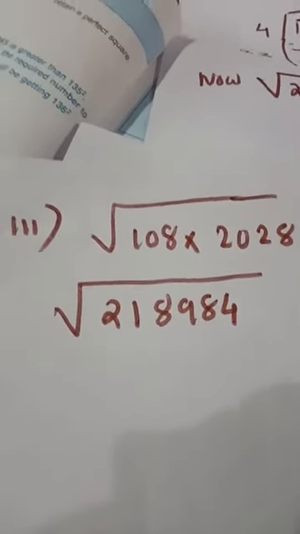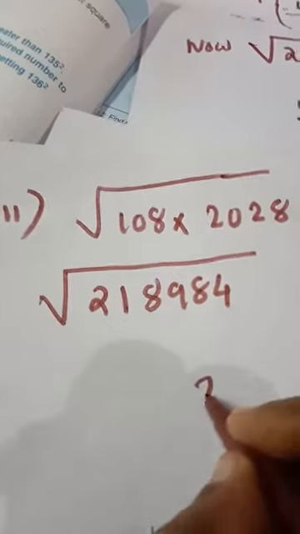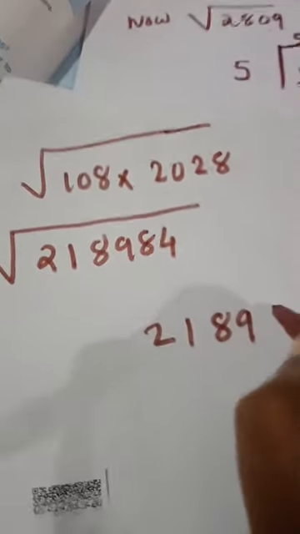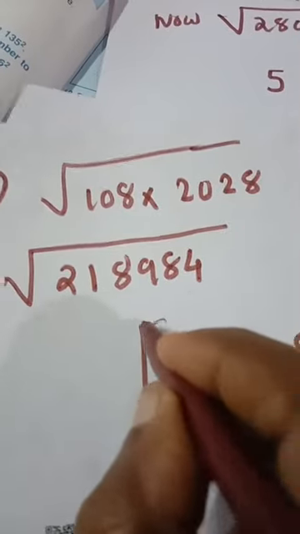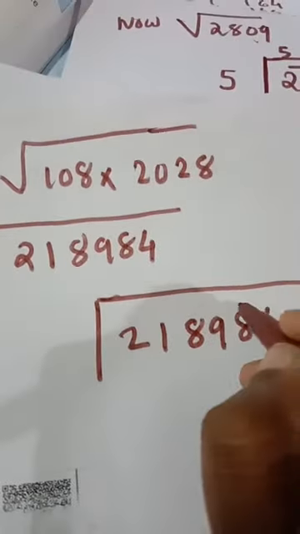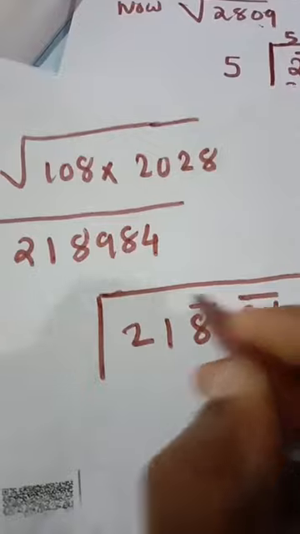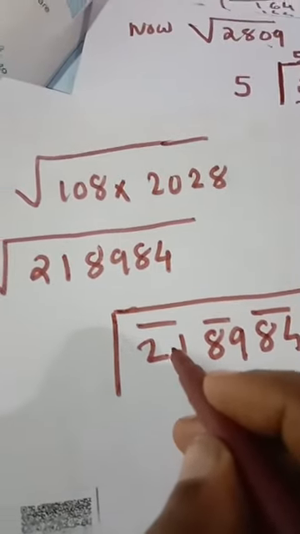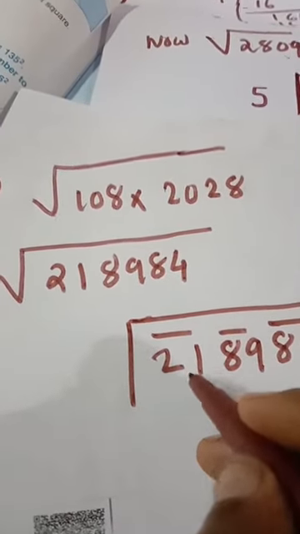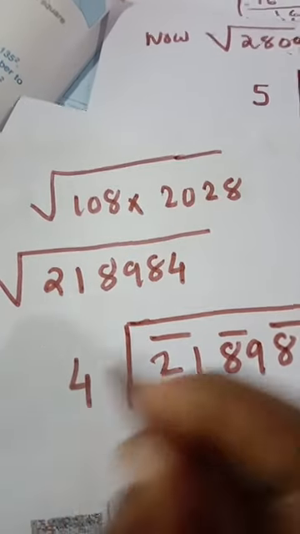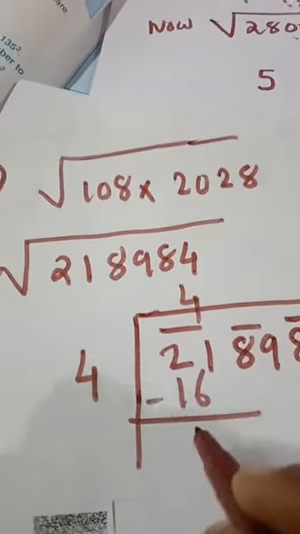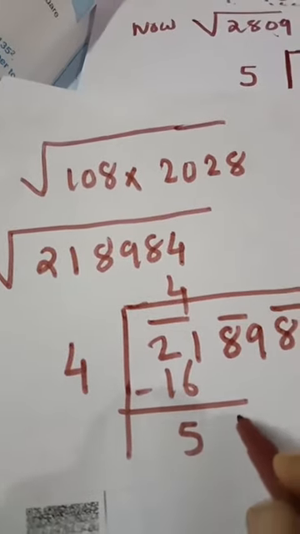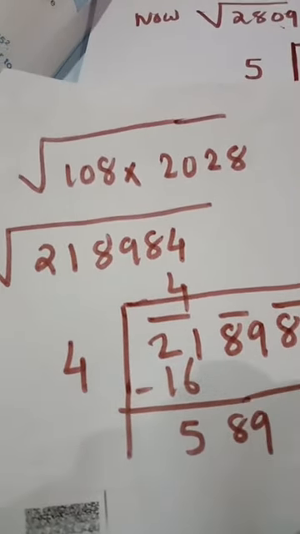Now do the division method. 218984. Pair it first from the right. Okay, 8921 and so on. Now which is the square number just before 21? Yes, 4 fours are 16. Okay, now 5. Now bring down the next pair of numbers, 89.